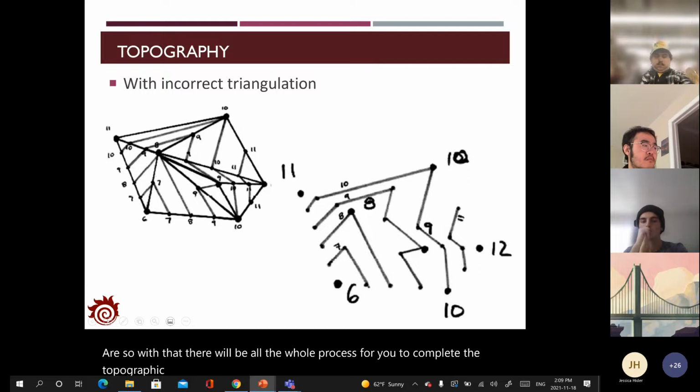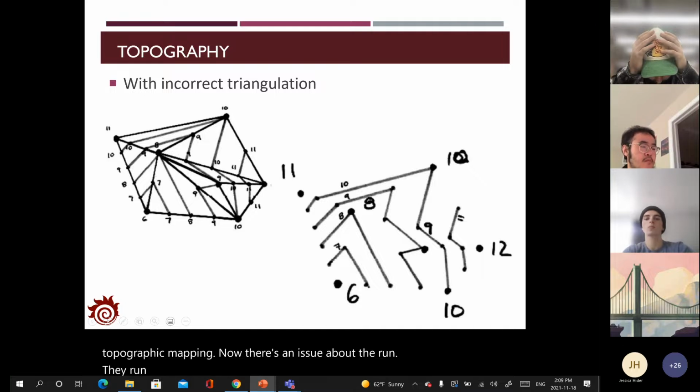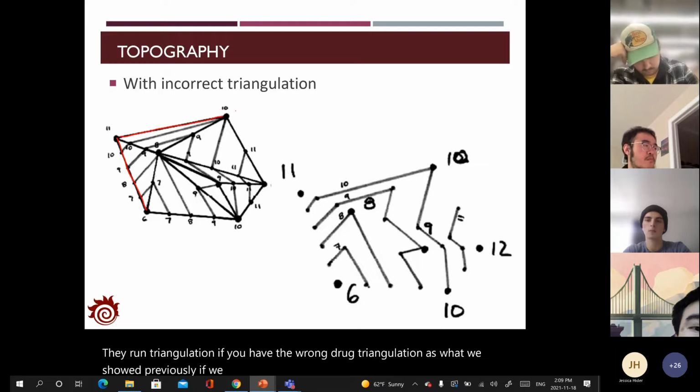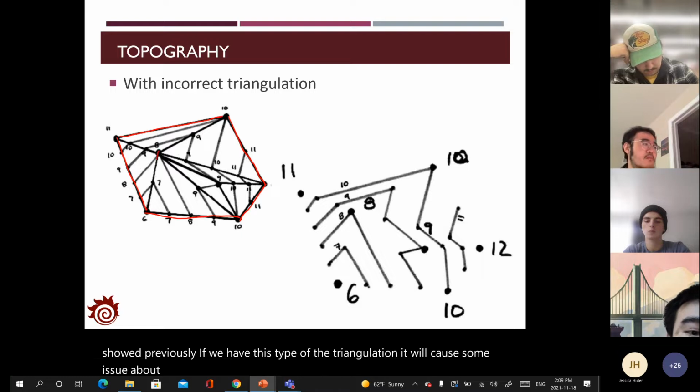Now there's an issue about the wrong triangulation. If you have the wrong triangulation, as we showed previously, it will cause some issues in the drawing of the contour lines.